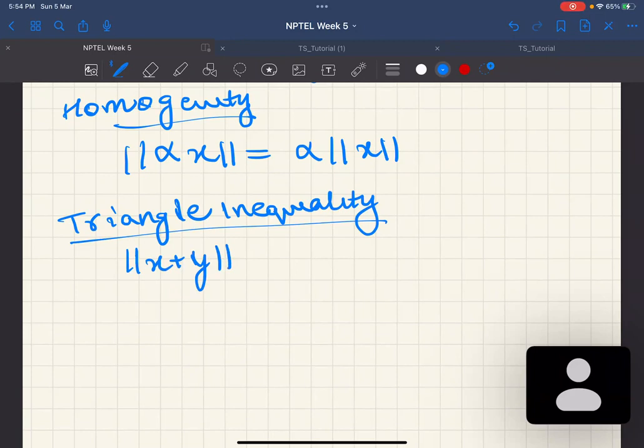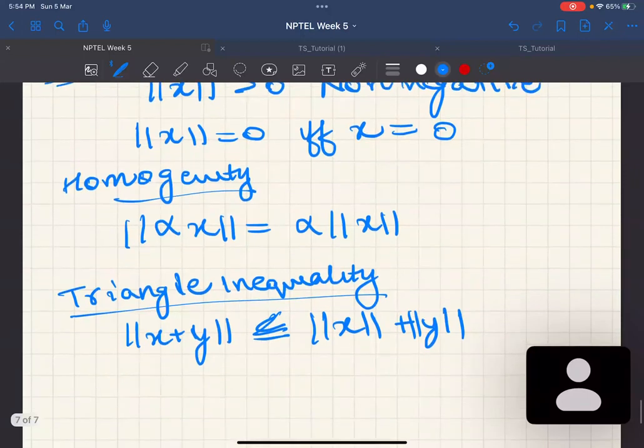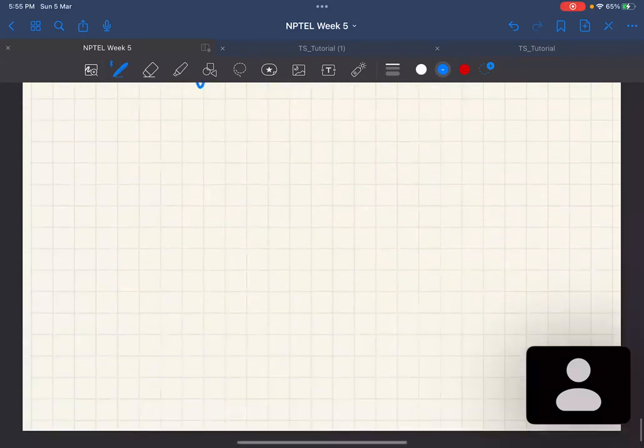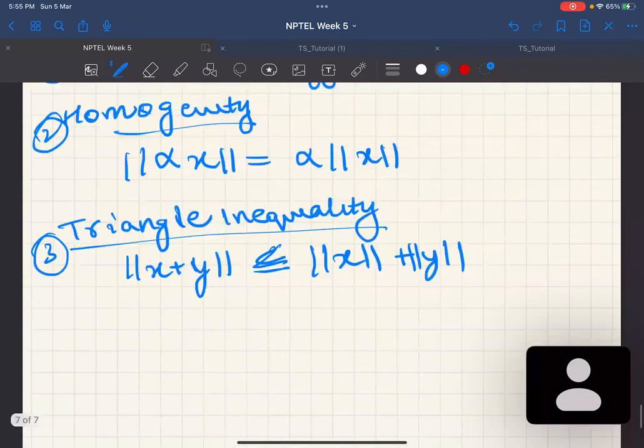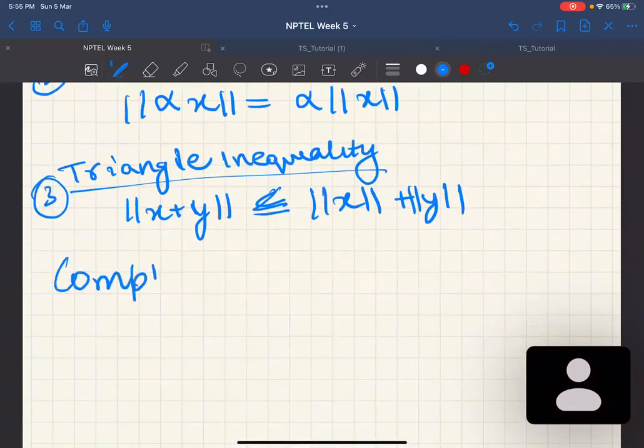You know about triangle inequality? Yes, I know. This is the triangle inequality. These are the three properties of the norm I have discussed, which we can use in our proofs here. Triangle inequality will be used so much.